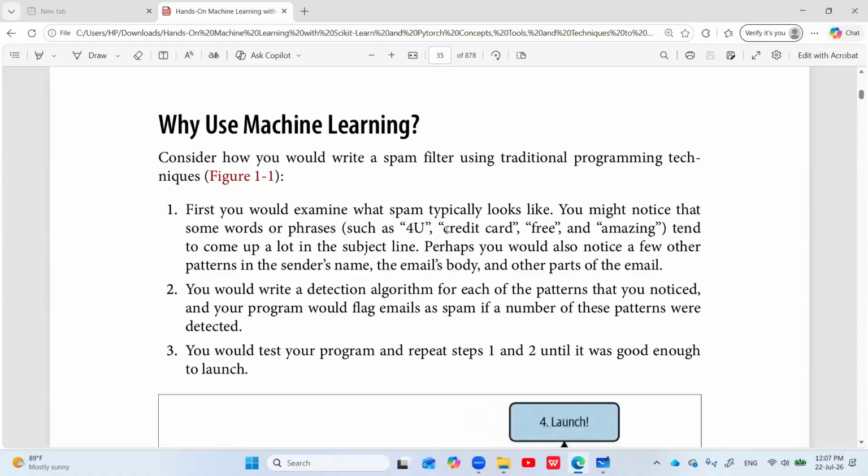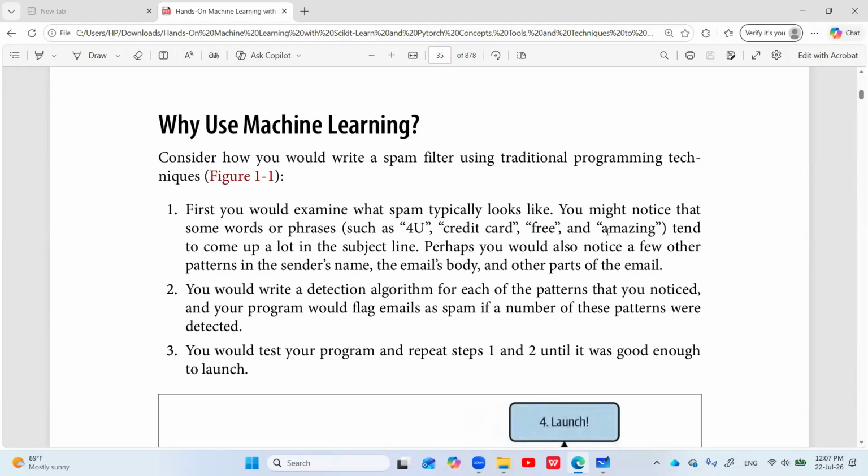Then "credit card", because spammers always use such words, wanting to get you informed about financial things like credit card. And also "free". The annoying advertisements always come with the word free.